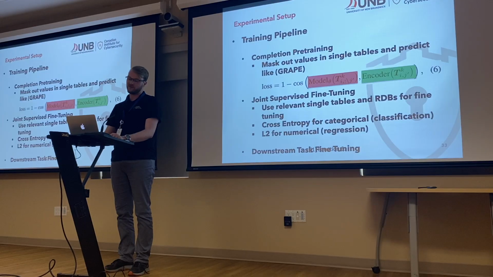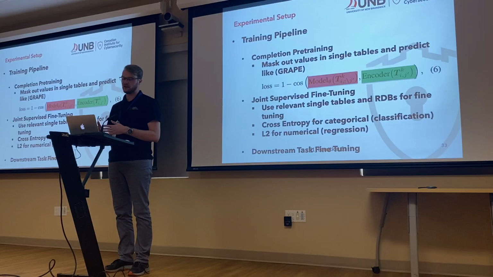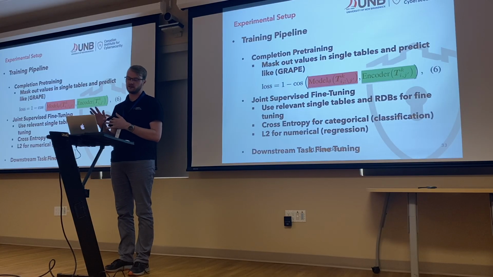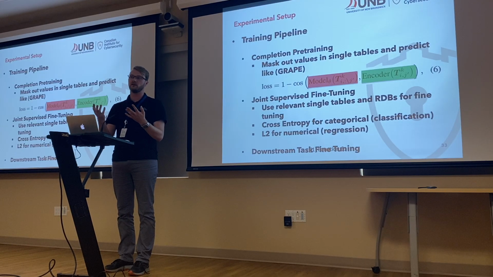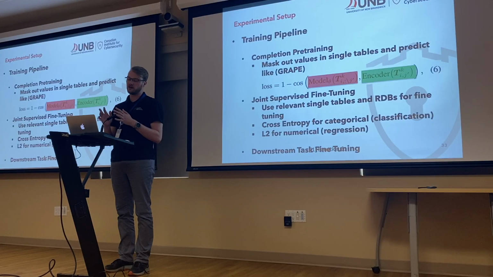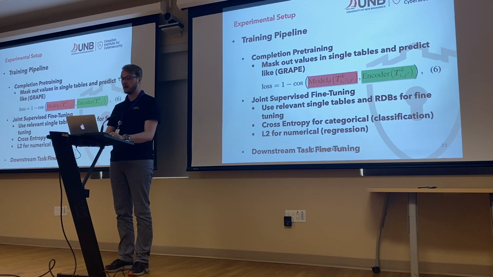And then lastly, after this, they use some downstream fine-tuning. So if you know exactly what you might be trying to do, if it's only for regression or classification, then maybe you do a little bit more training just on that final task alone. So again, this is just all the setup that would go into giving you some model that you can do a little bit of fine-tuning on so that you can make predictions accurately using a database.